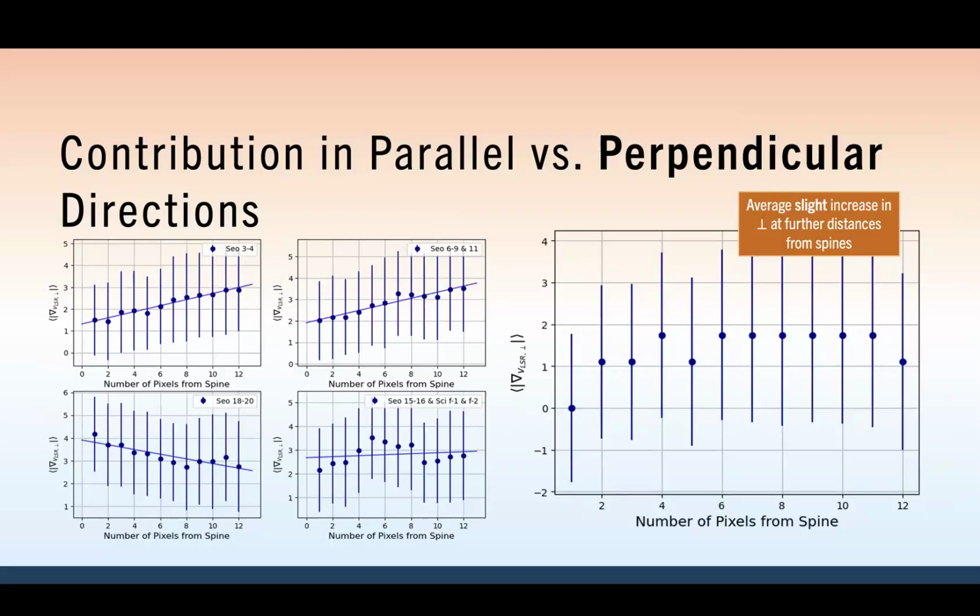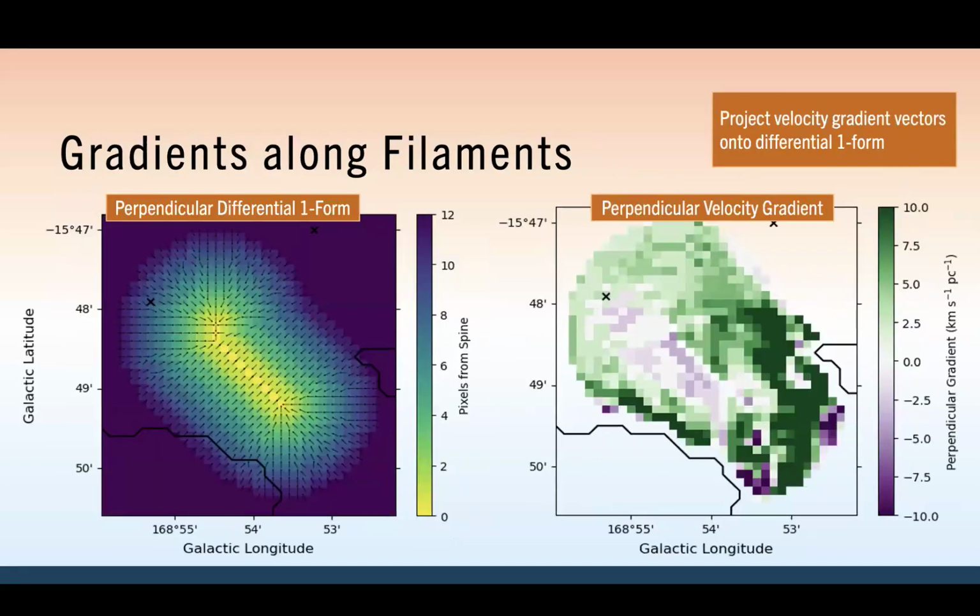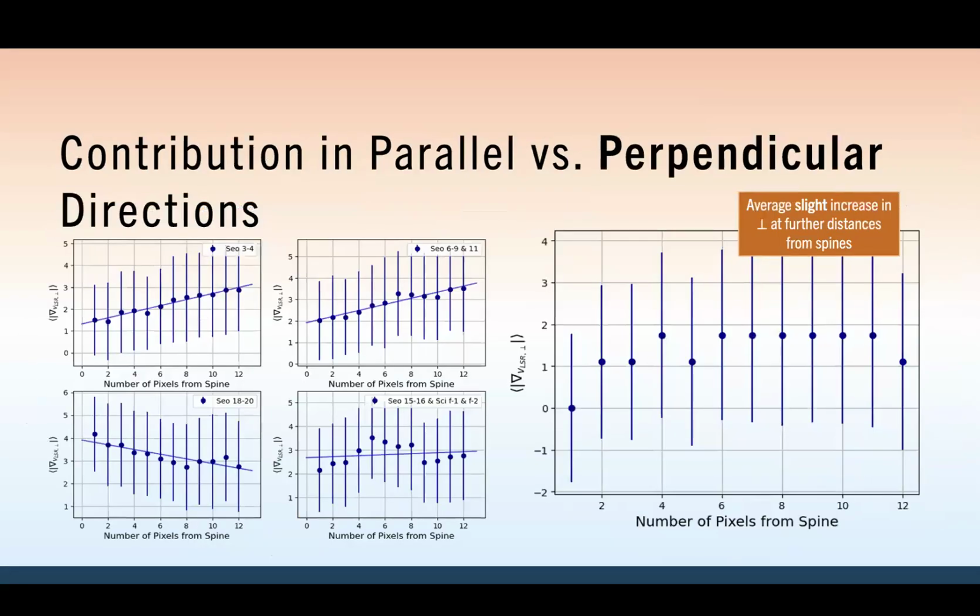So, moving on from there, one of the things that I wanted to ask is, how does this perpendicular velocity gradient and also the parallel velocity gradient, which looks pretty similar to that, so we don't need to look at it, how does the magnitude of that change with respect to the distance from the filament? So how different is it when we're right on top of it versus being a little bit further away?